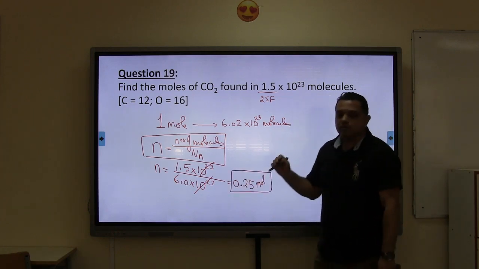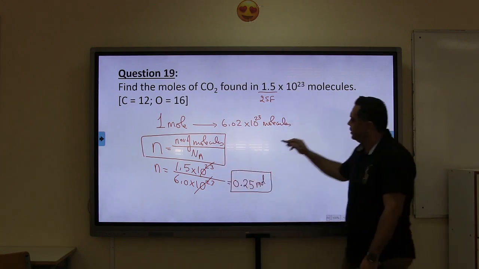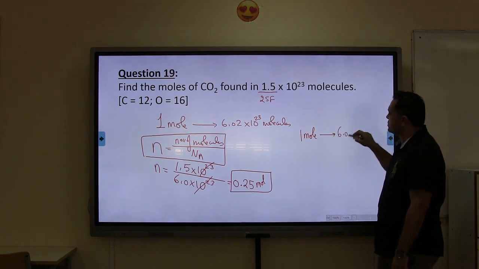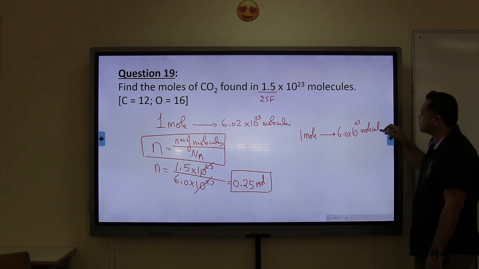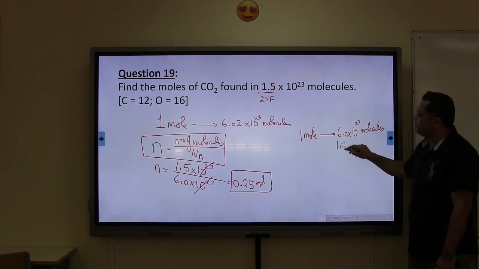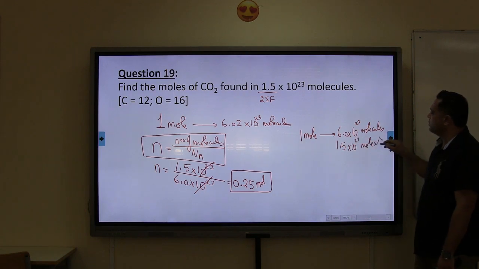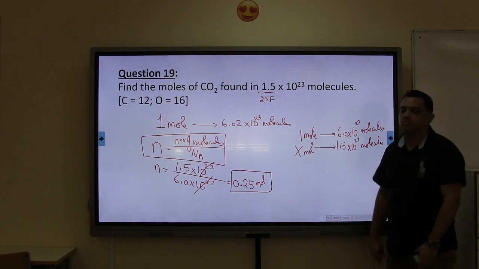If I want to solve it by using the ratio, it is the same thing, it's easy. Every 1 mole contains Avogadro's number of molecules. 1.5 times 10 to the power 23 molecules will contain how many moles?